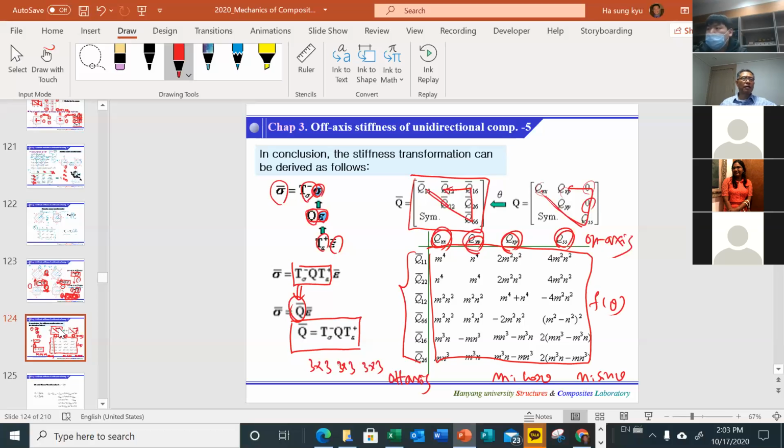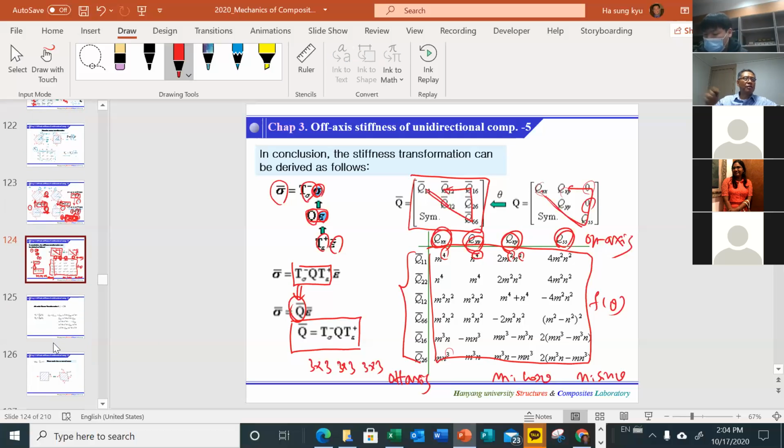And you can see all terms are fourth order: 4 times, twice, which means also fourth order, and all terms are fourth order sine or cosine of theta. And this is the table we need. We don't have to remember it, but we can always use this table.